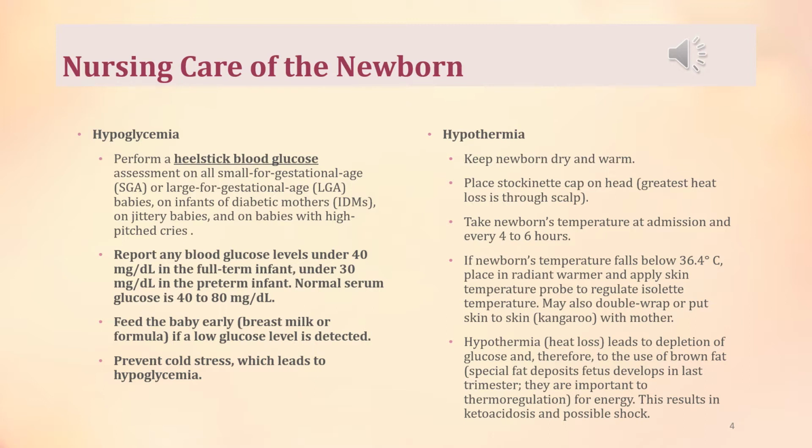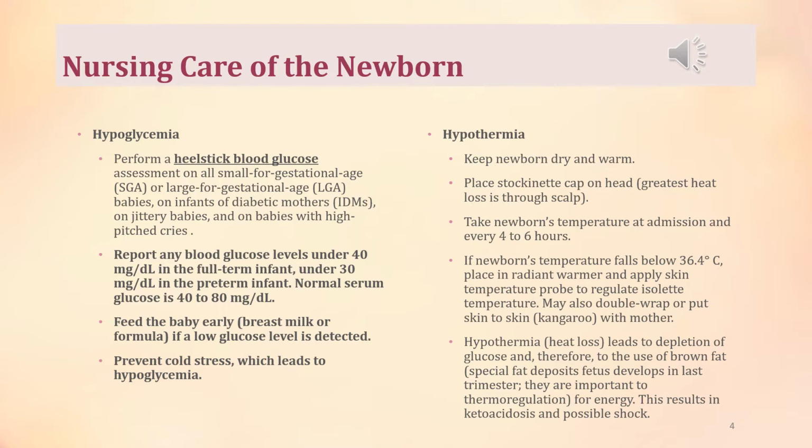So how do I fix a low blood sugar? The easiest way is to feed the baby. Okay, so as long as baby is able to be fed, and I say that because babies with respiratory issues, babies that are on oxygen, they may not be getting PO feeds. That's a whole different kind of thing.